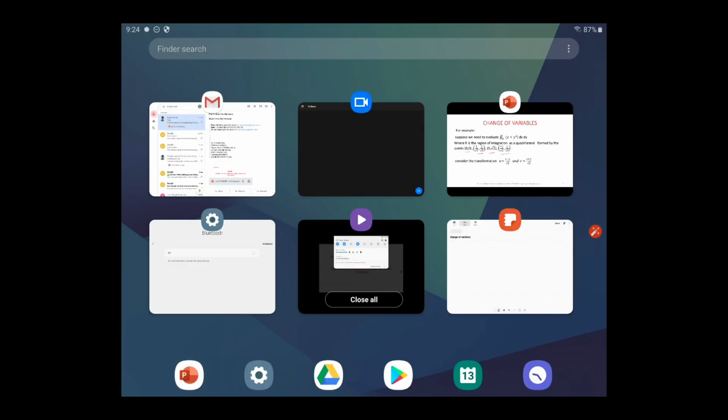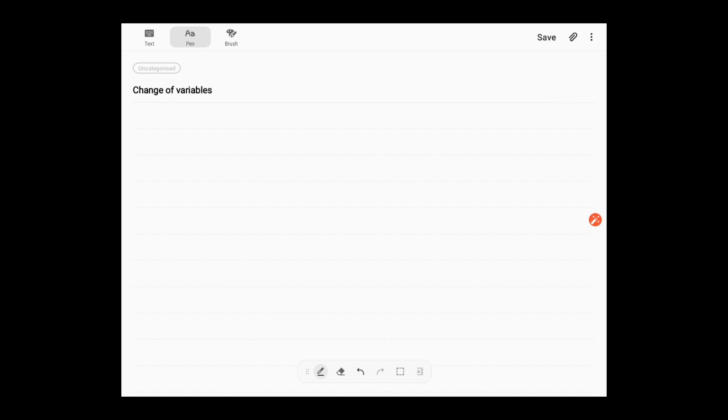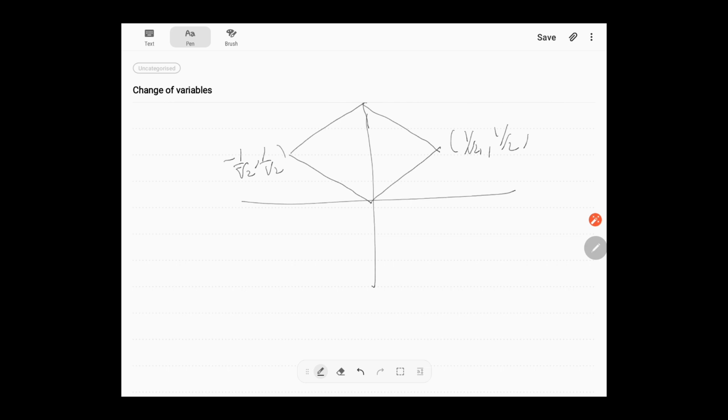So the vertices are 0, 0, then 1 by root 2, 1 by root 2, then 0 comma root 2, and minus 1 by root 2, 1 by root 2. So you have some quadrilateral.